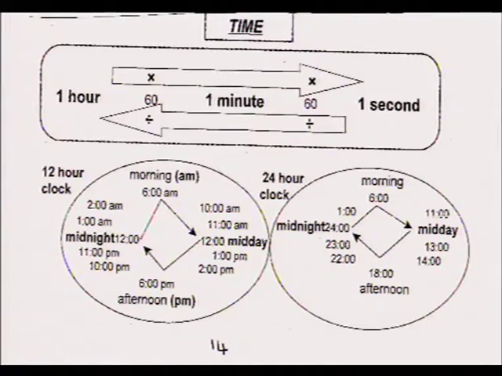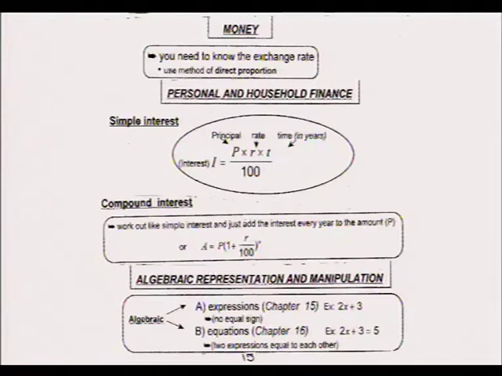That's the 12-hour clock. If we have the 24-hour clock, then the morning 6 o'clock, midday between 11 and 13, and the afternoon between 2 and 6, in other words 14 hour and 18 hours, midnight 24 hour. So that's a 24-hour clock.